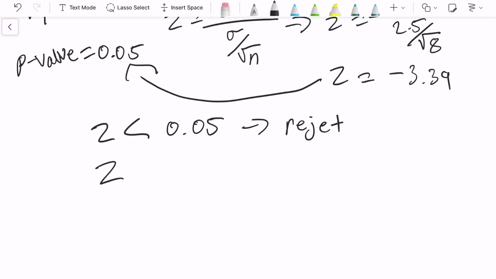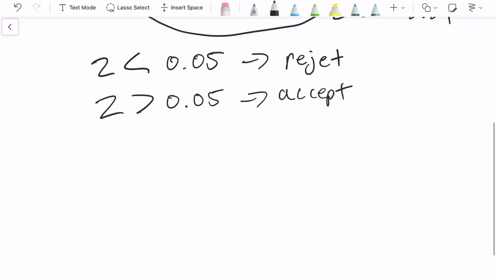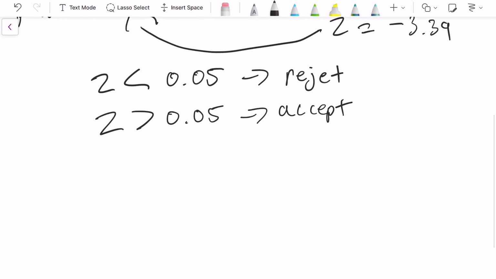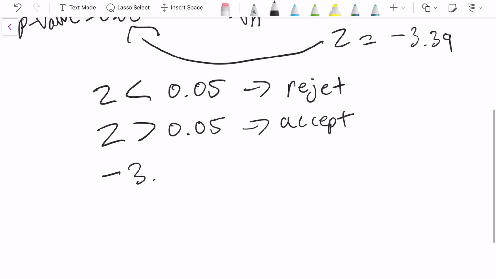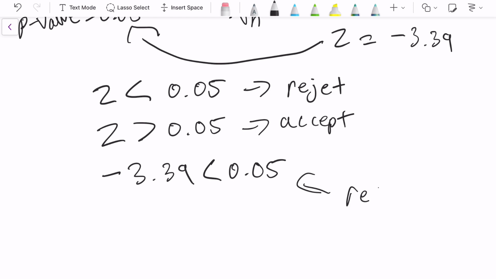If our z-score is not less than 0.05, then we accept the null hypothesis, or we do not reject the null hypothesis. In our case, since our z-score was negative 3.39, it is less than our p-value of 0.05. Therefore, we would reject the null hypothesis.